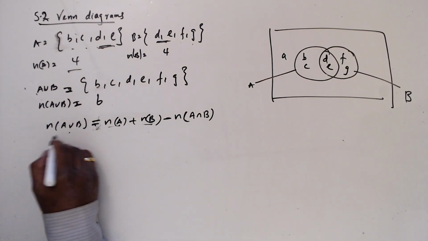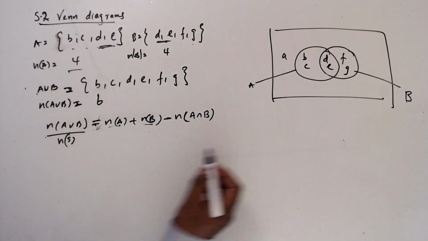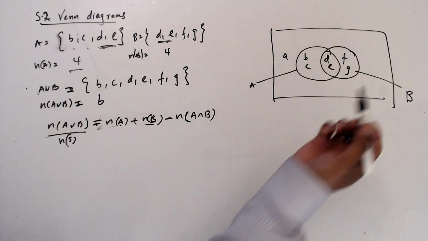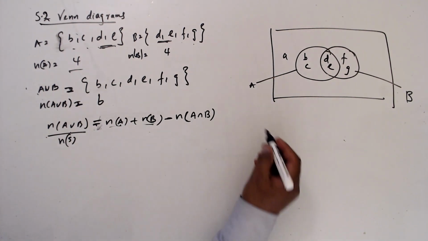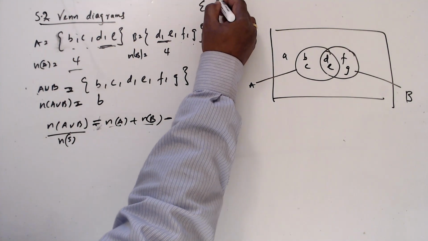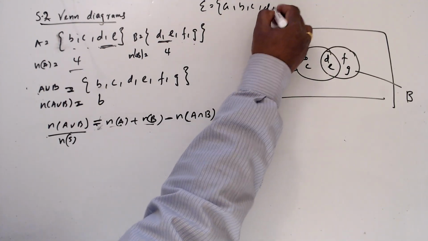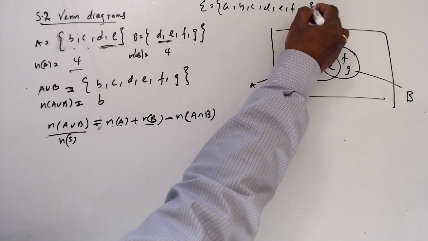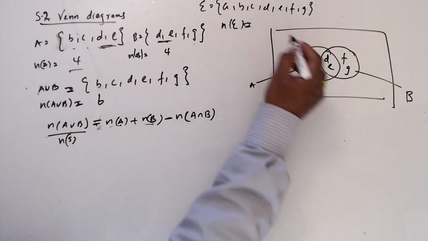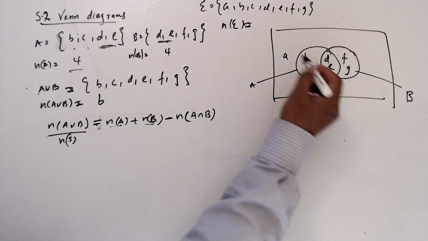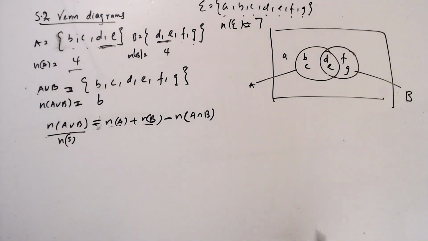Now, the whole number of elements, how many? 1, 2, 3, 4, 5, 6, 7. That is epsilon, the universal set, A, B, C, D, E, F, G. So N of epsilon is 7.